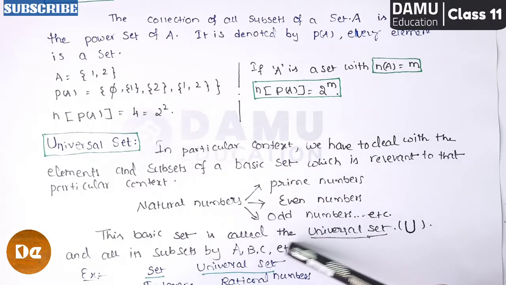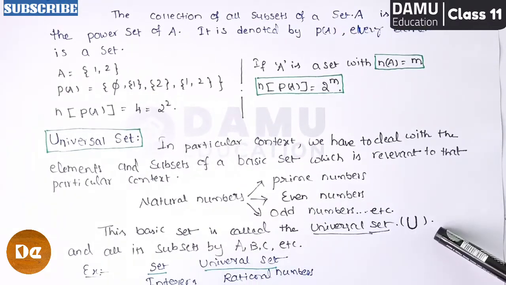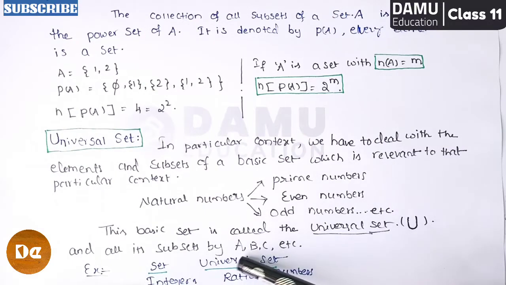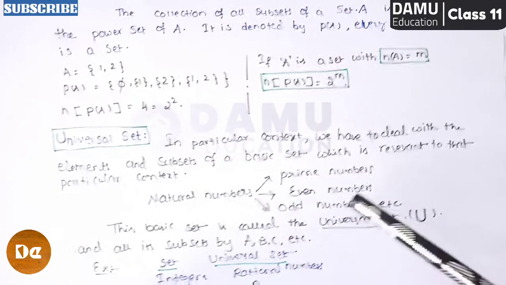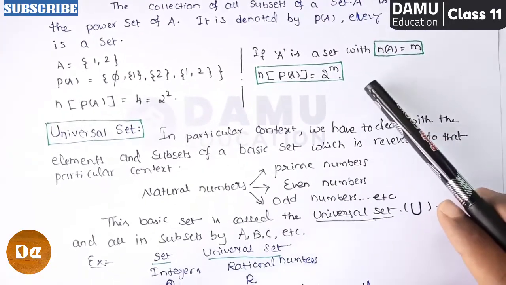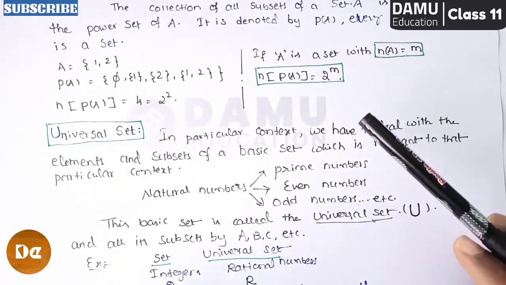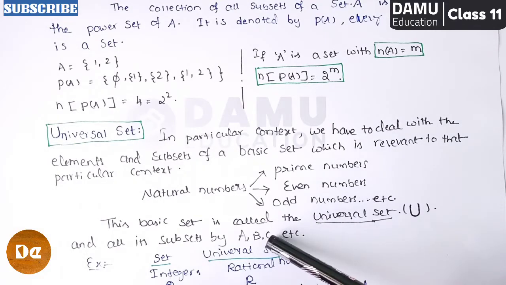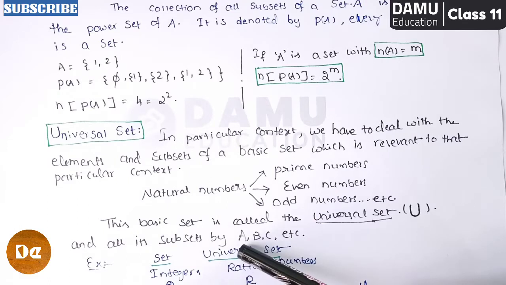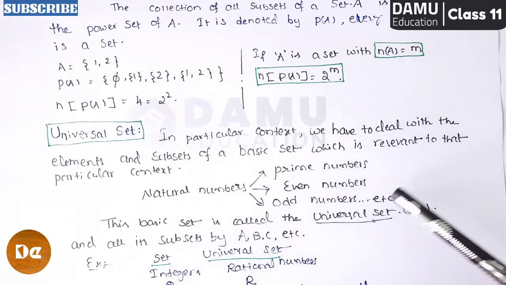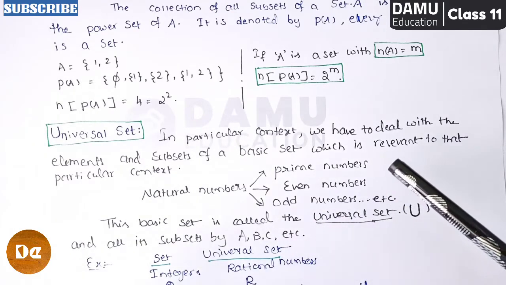This basic set is called the universal set, and it is denoted with the capital letter U. All the subsets are denoted with A, B, C, etc. You can take the first set as A, the second set as B, the third set as C, going according to the alphabet.